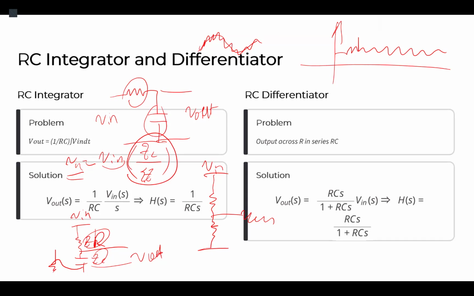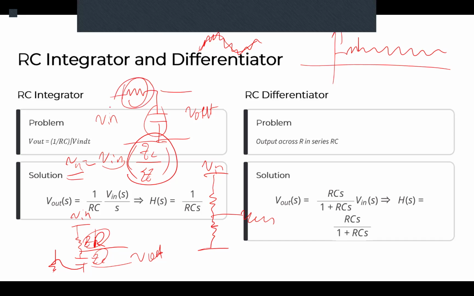What about the differentiator? What's the differentiator circuit? RC is actually a differentiator. How can you create an RC differentiator? Let me give you some intuition.